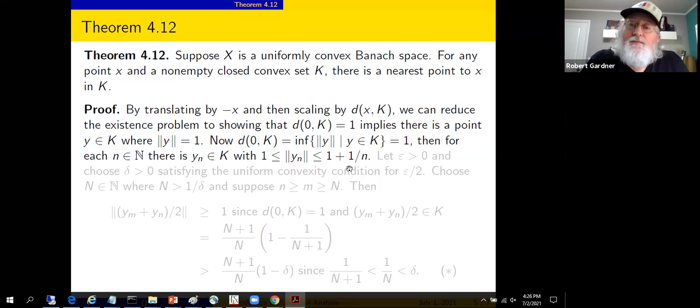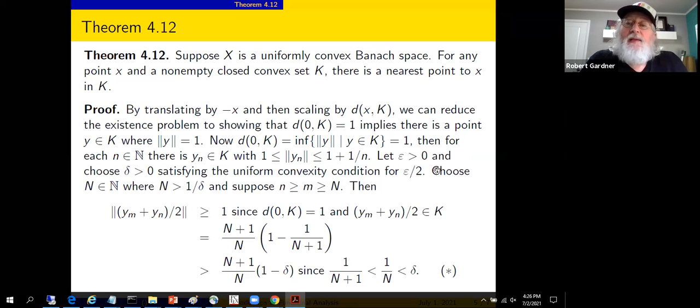You can do this. Now, let epsilon be greater than 0 and choose a delta satisfying the uniform convexity condition for epsilon over 2. We're in a uniformly convex Banach space, so for epsilon greater than 0, there exists such a delta.